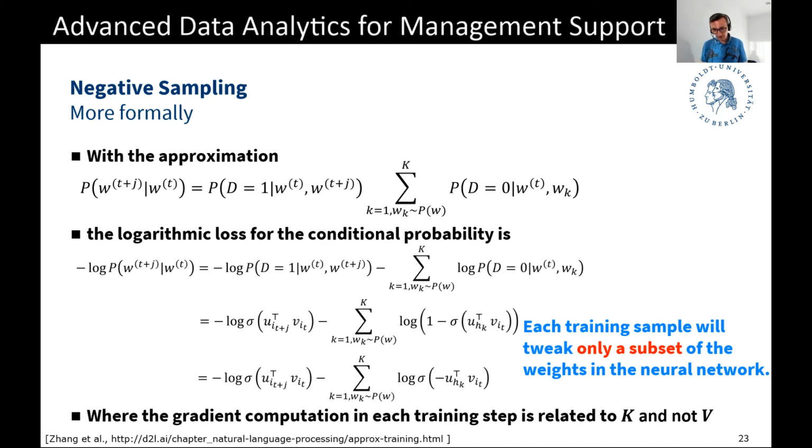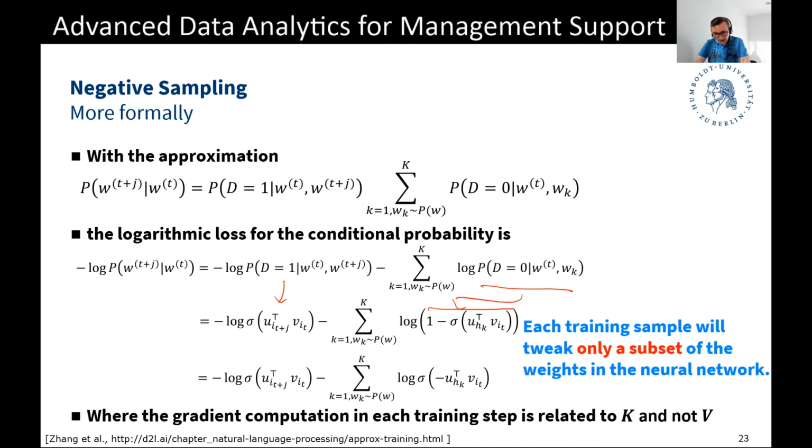If the first part is the log of the probability that event D occurs, given that the words w_t and w_{t+j} occurred together, then we can model that using our sigmoid classifier. That's this step. And likewise, we can add the sigmoid classifier to model the event of two words that are not in the same context not occurring together. And that's all pretty straightforward, I believe.